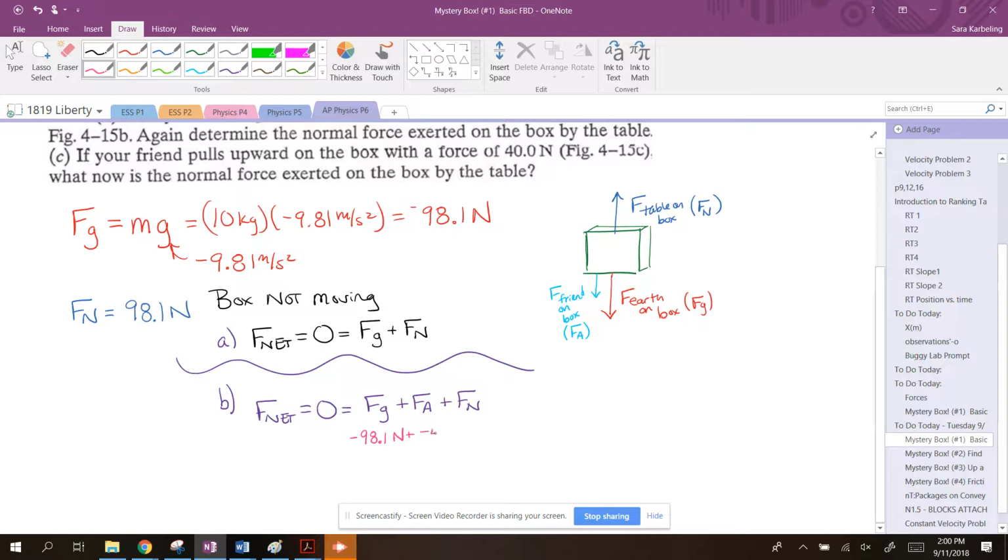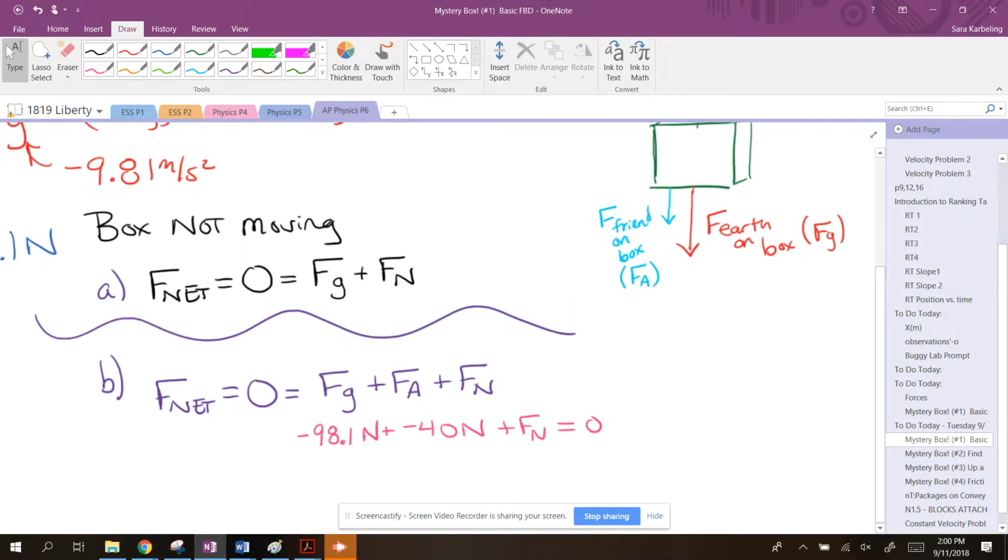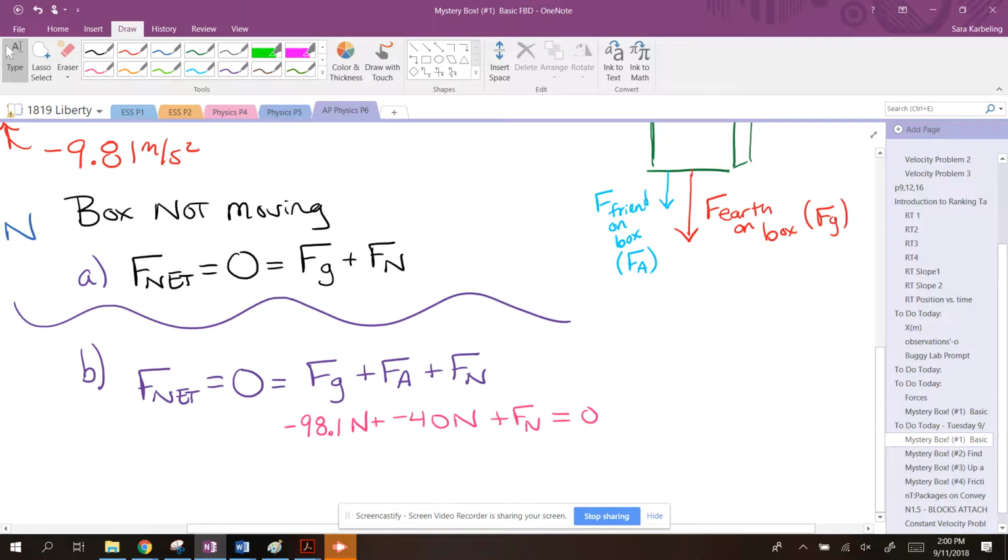So that's going to be a negative 40, right? Plus Fn has to equal 0. What does Fn have to be then? Negative 98 plus negative 40 is going to be negative 138.1 newtons plus Fn equals 0.